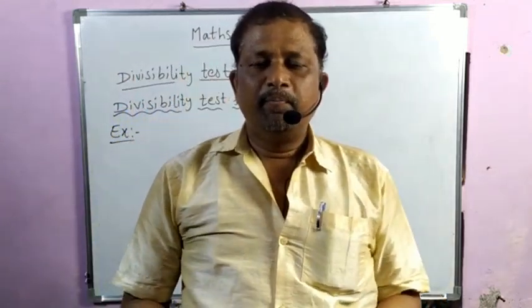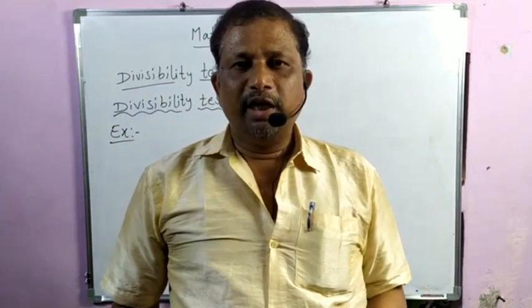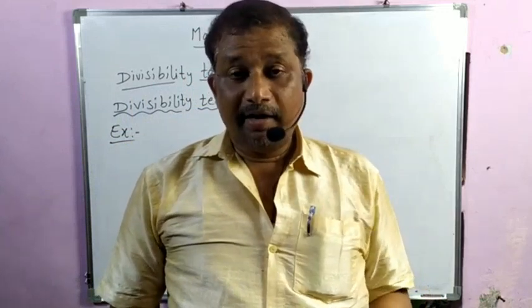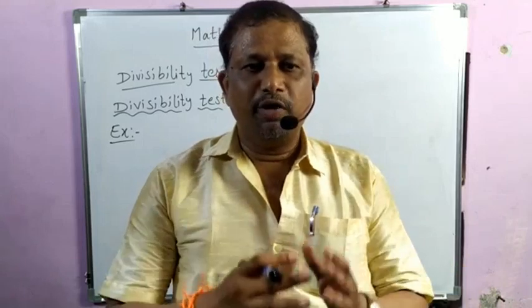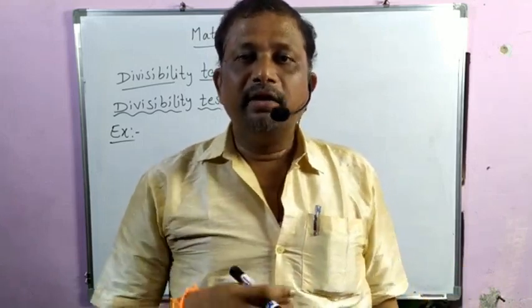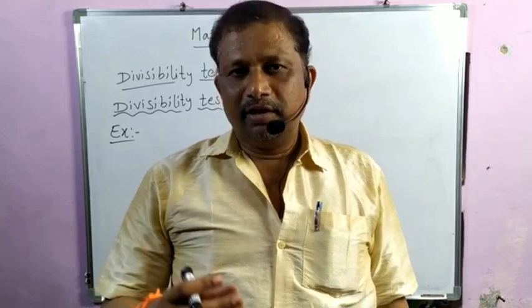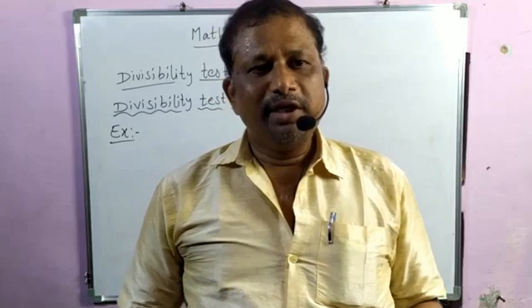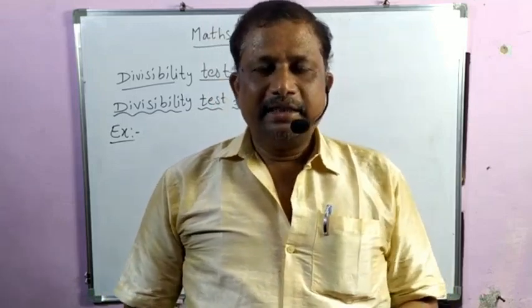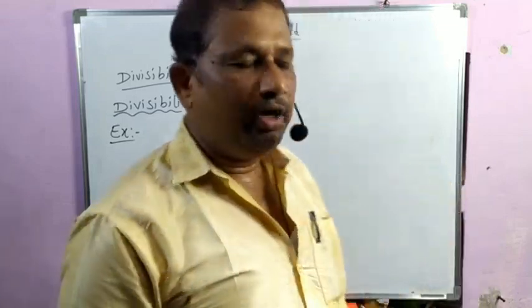In the given number, the last digit is multiplied by 7 and added to the remaining number. This process is continued until you get a sufficiently small number that we can divide by 23. If that small number is divisible by 23, then the given number is also divisible by 23. Let us see this process by taking one example on board.